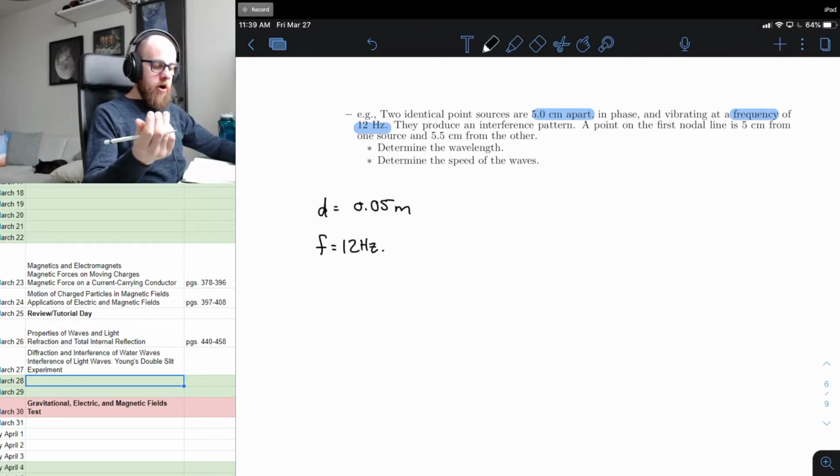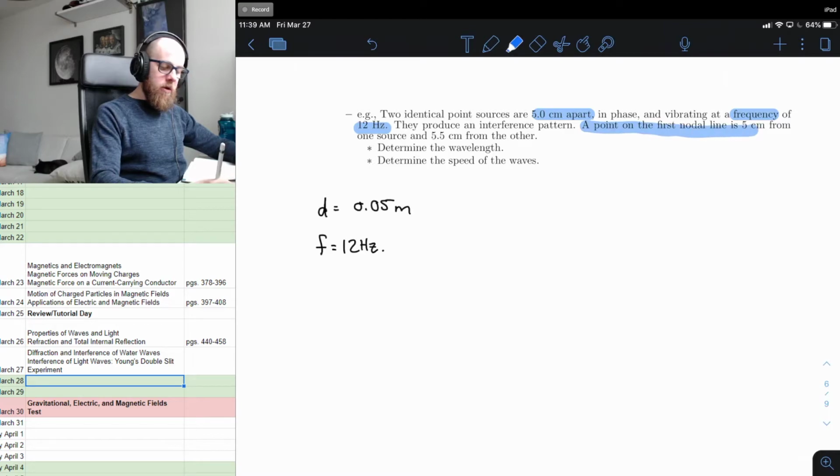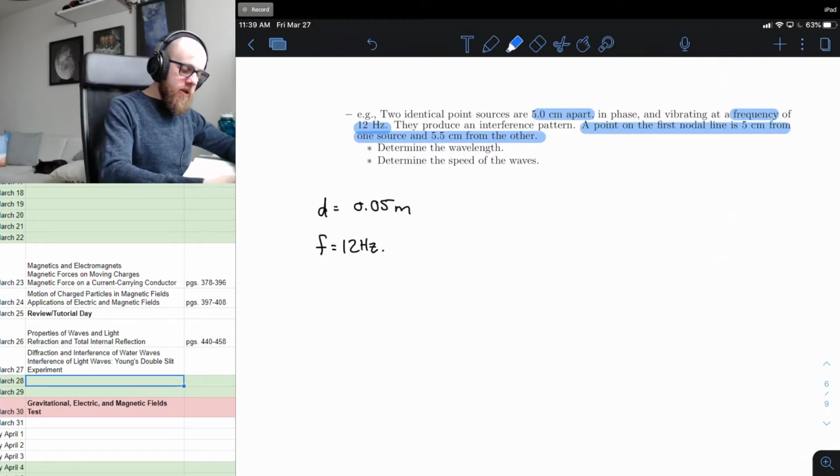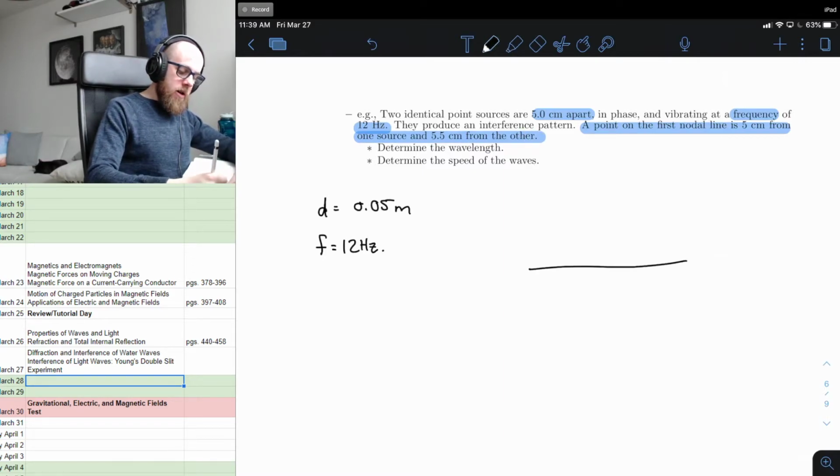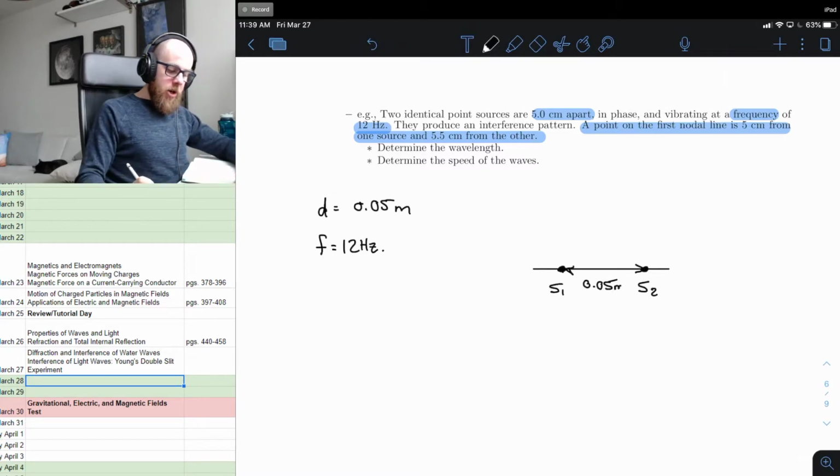They produce an interference pattern when they're vibrating. Here we're told that a point on the first nodal line is 5 centimeters from one source and 5.5 centimeters from the other. So let's draw a picture of what's happening here. We have our two sources, S1 and S2, and those sources are 0.05 meters away from each other.